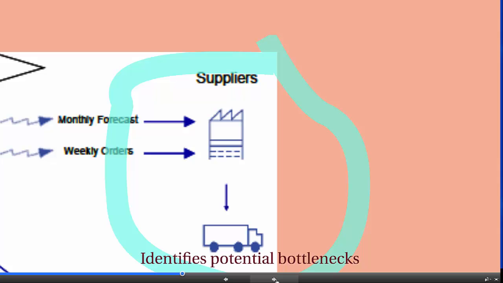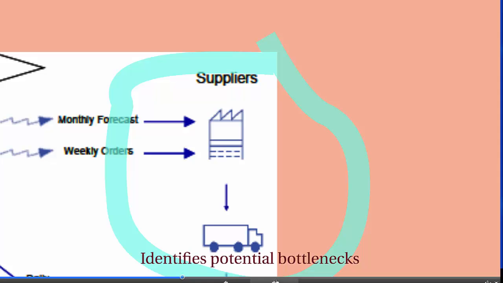If for some reason the supplier is unable to deliver those supplies, that could be a bottleneck, meaning a point where everything comes together, and if it's stopped, it brings the procedure and the entire operation to a halt. So those are also important points of risk management focus.